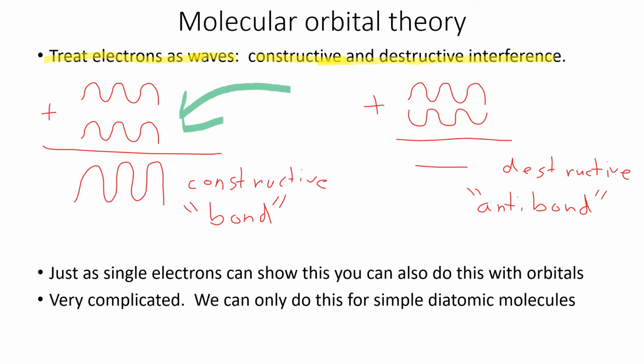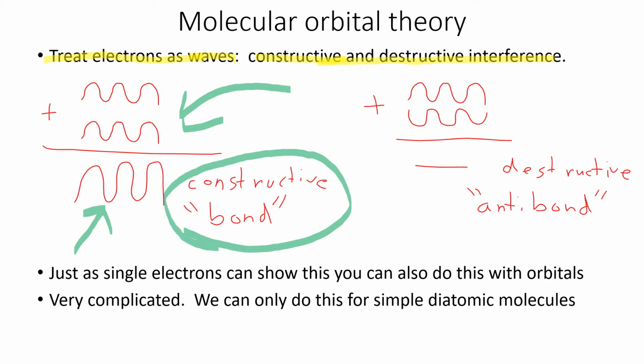When you add these two waves together, your peaks are going to get higher and your valleys are going to get lower. Thinking about electrons in this way, we would call this constructive interference, and this would result in what we would call a bond.